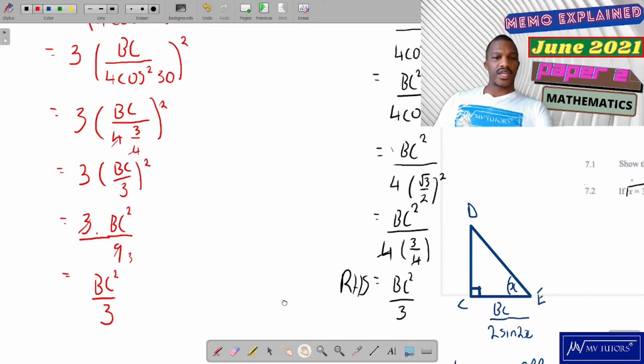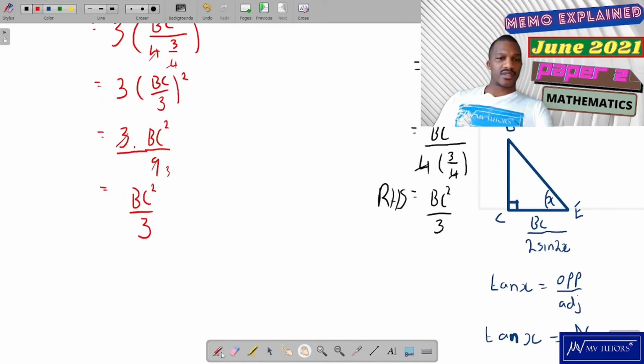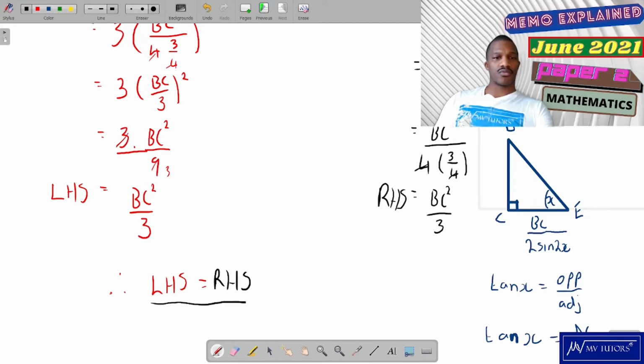It's looking clear now, and this is the left hand side. So now we can conclude and say, therefore, left hand side is equal to the right hand side. That's it. Both of them give you the same answer.